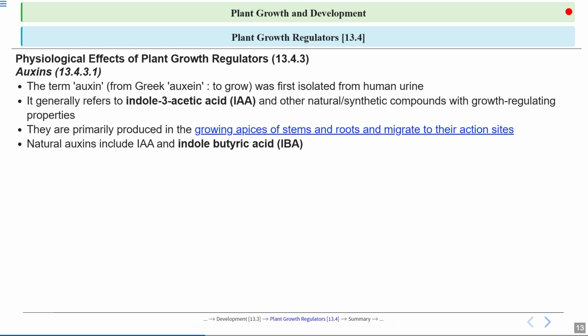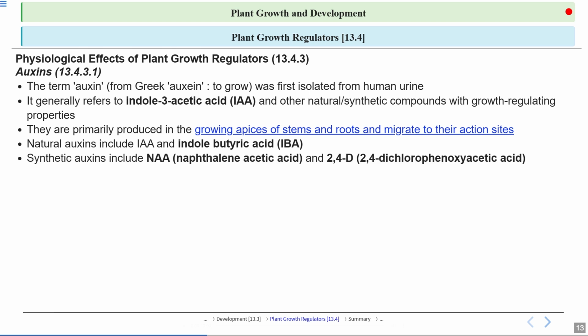Natural auxins include indole acetic acid, right? And indole butyric acid. These are two natural examples of auxin. The synthetic ones are naphthalene acetic acid and 2,4-dichlorophenoxyacetic acid. These are two examples of synthetic auxin.